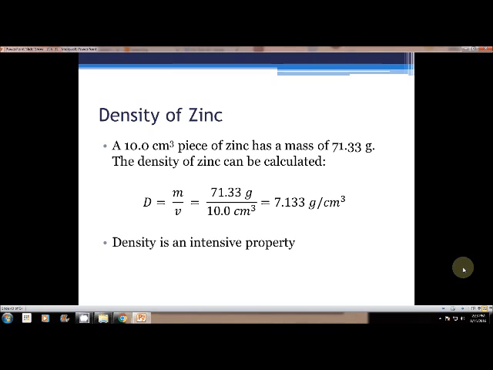Anytime you have a sample of zinc, the density should calculate out to be 7.13 grams per cubic centimeter. So bringing in our chapter 2 ideas, intensive means that it depends on the kind of the substance.